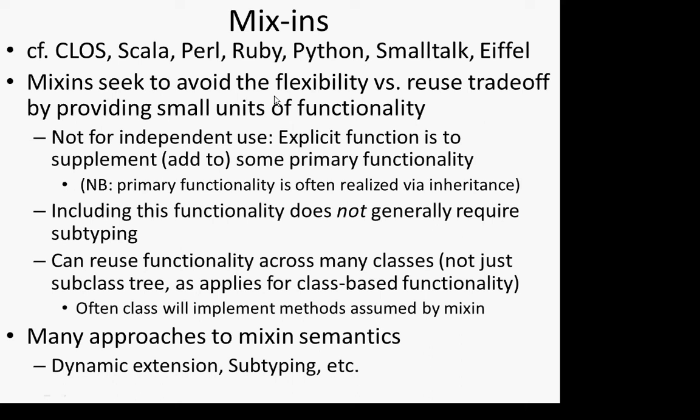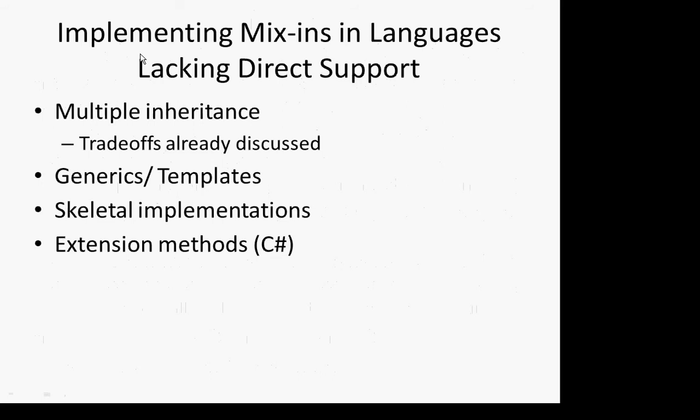But your class isn't making promises in accordance with these items in a subtyping sense. Okay. So there's often no subtyping assumed with this. Okay. So we're going to see some examples here in just a second. But mixins in the form of traits are a notable feature of Scala and are increasingly supported.